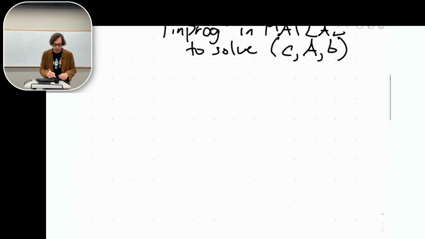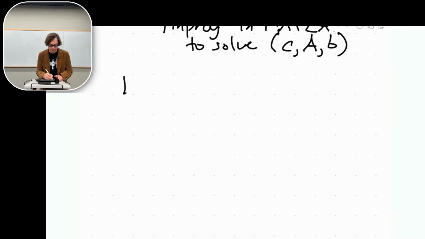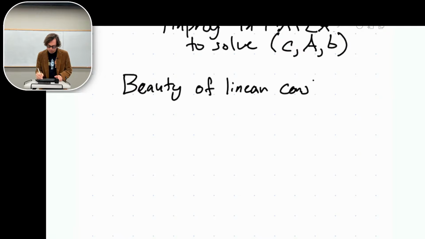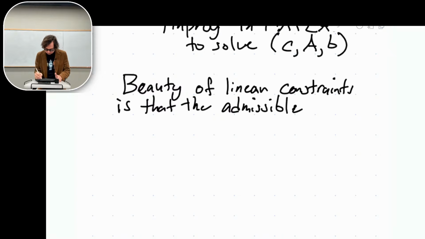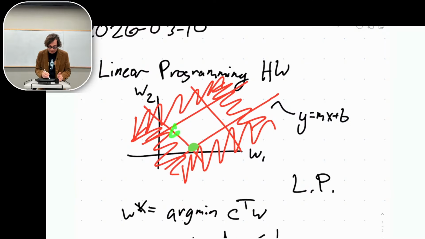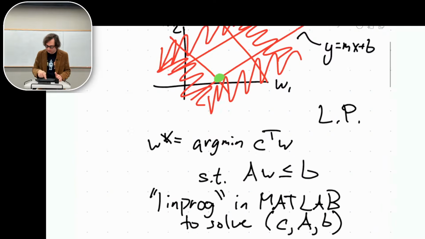And I feel like this is worth reiterating. So yeah, the beauty of linear constraints is that the admissible set, that's where you're allowed to be, everything that isn't crossed out here, right? That's the admissible set.